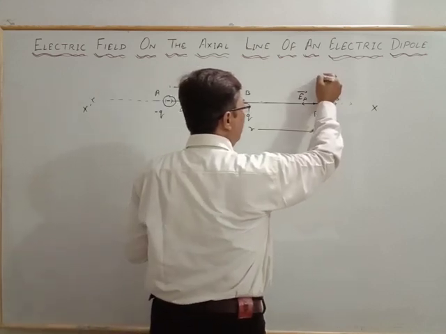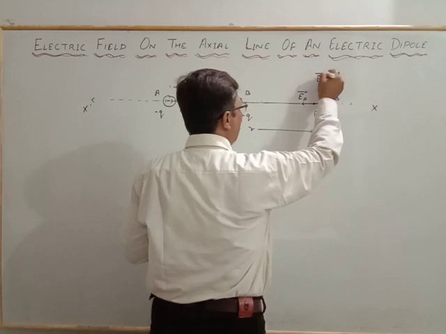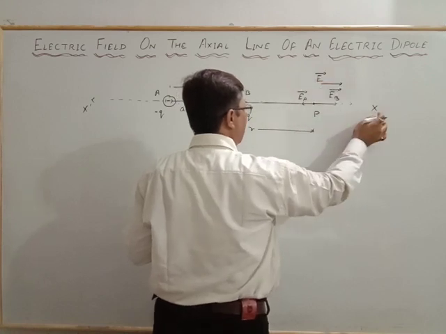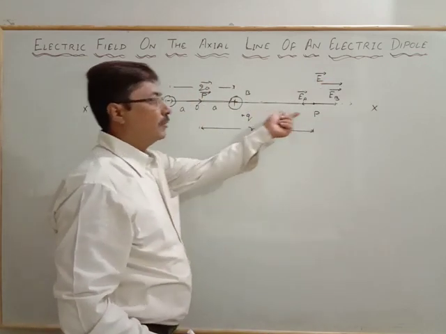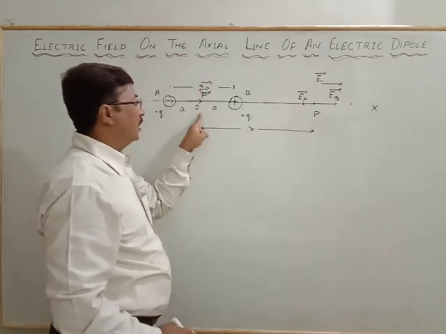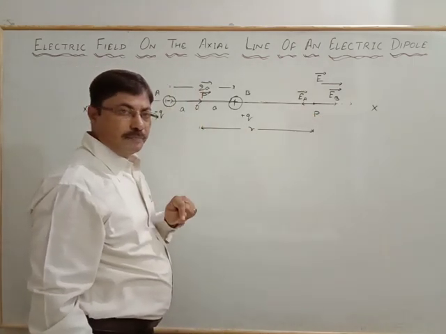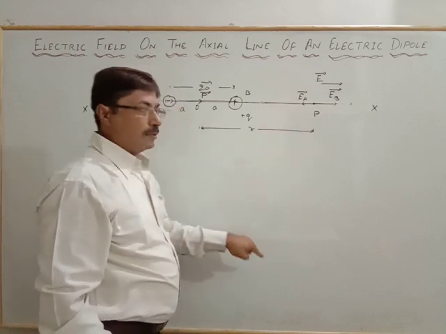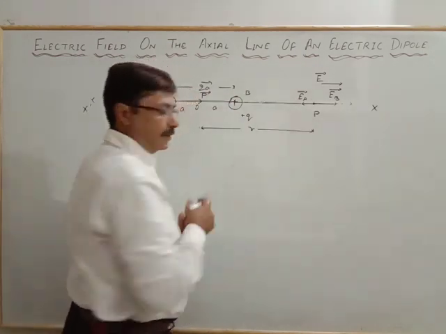So the net electric field E is acting towards the x-axis, along the direction of the electric dipole moment. Now we will calculate. We understand all the relations here.